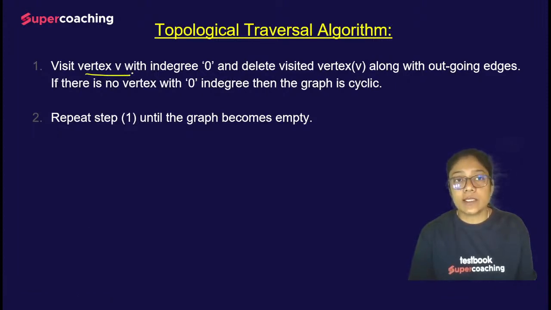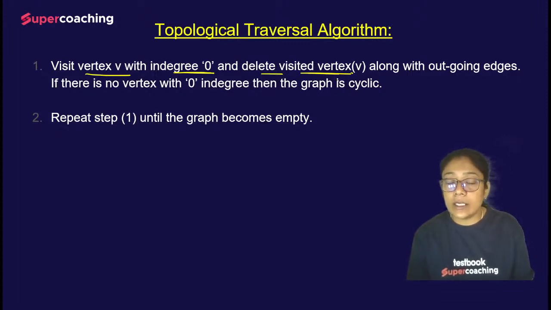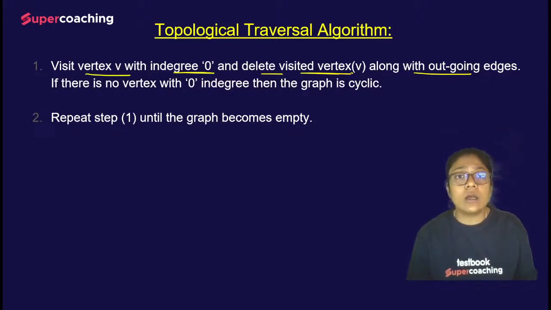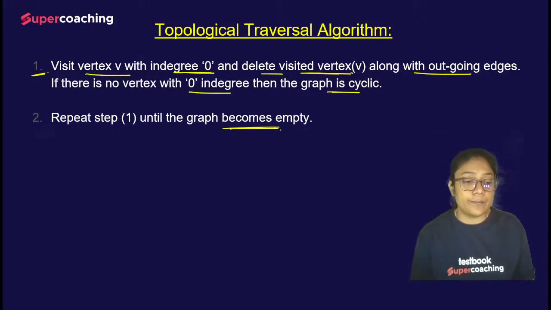So visit the vertex V with in degree 0 and delete the visited vertex V, along with the outgoing edges. ओके, अगर आपके पास graph में ऐसी कोई भी vertex नहीं है which is having in degree 0, this means that that graph is cyclic. ओके, और अगर cyclic नहीं है, in degree 0 मिल रही है, तो we will keep on repeating this process until the graph becomes empty. Make sense?